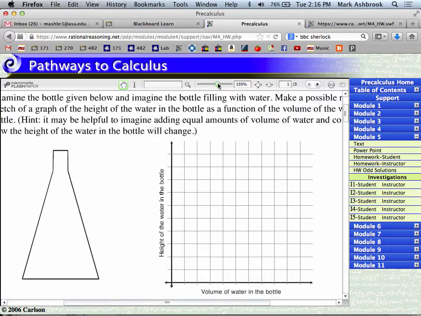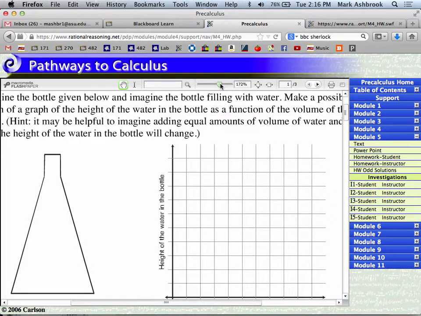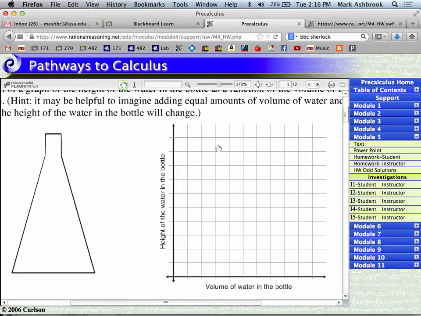We're going to imagine a bottle looks like this, and we're going to put water in it, and of course the result of putting water in it will be that the height of water changes in the bottle.